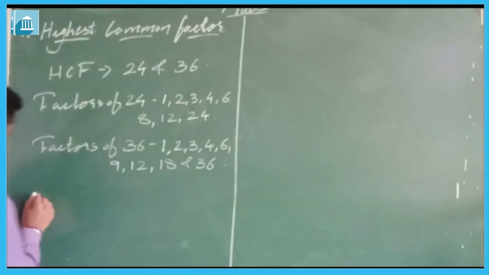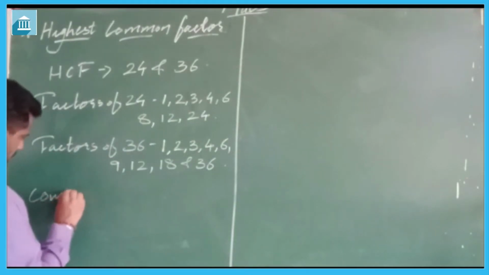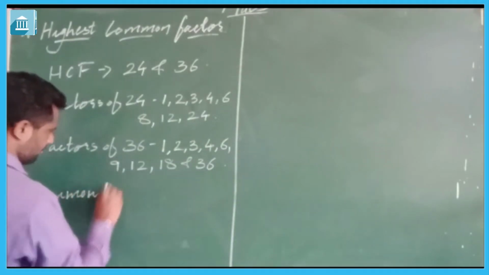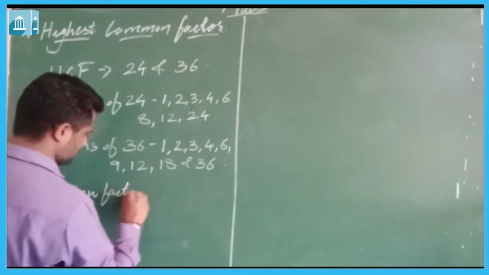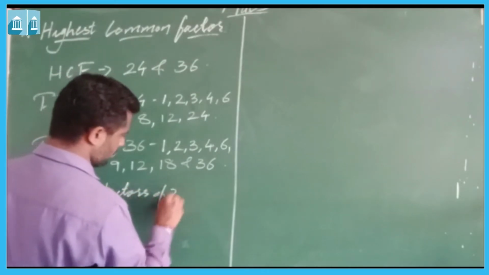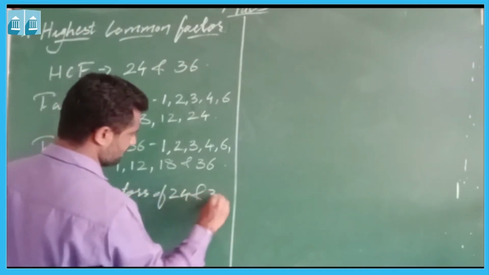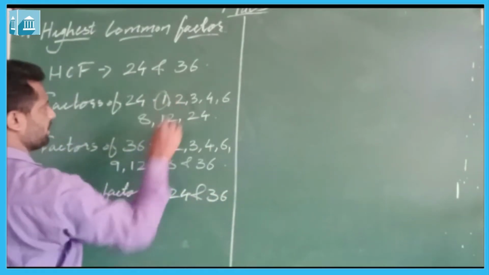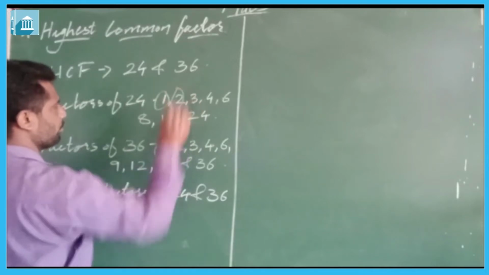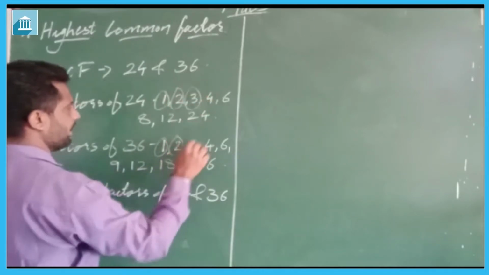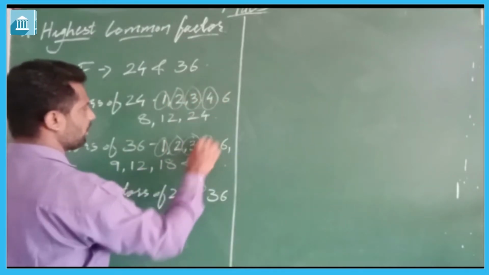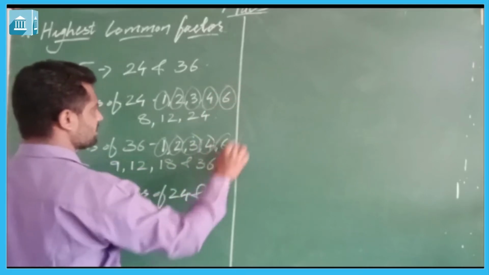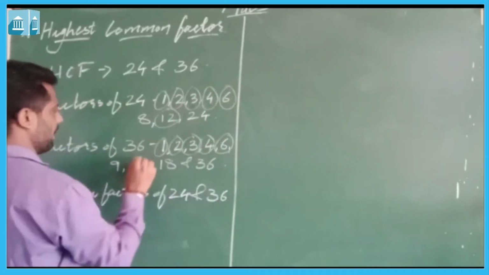So if we see the common factors of 24 and 36, then it will be 1, 2, 3, 4, 6 and 12.